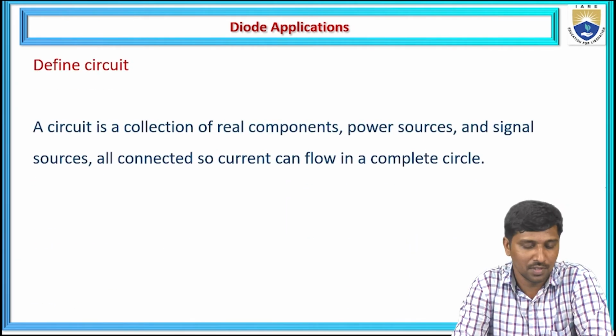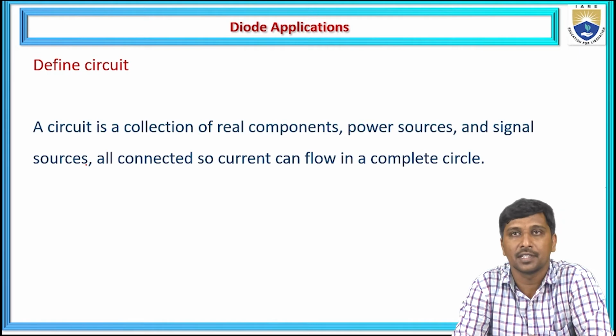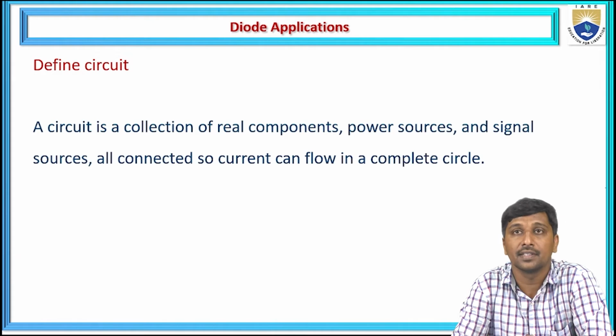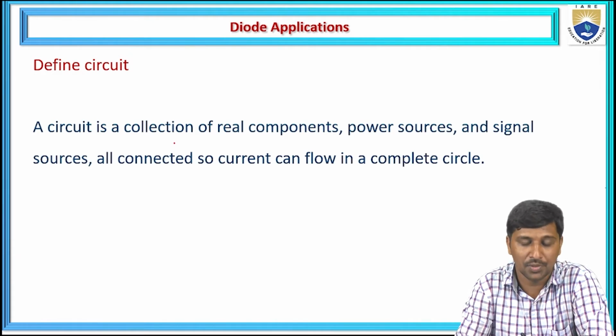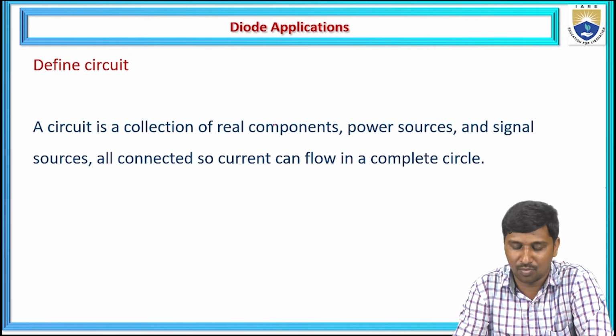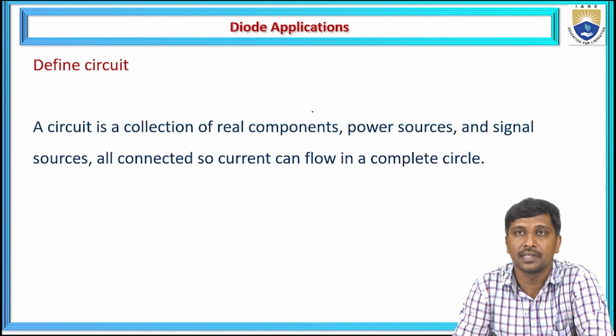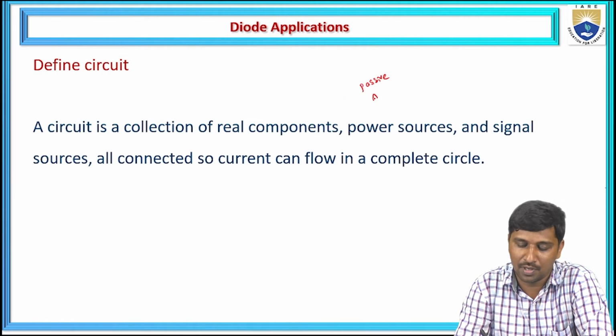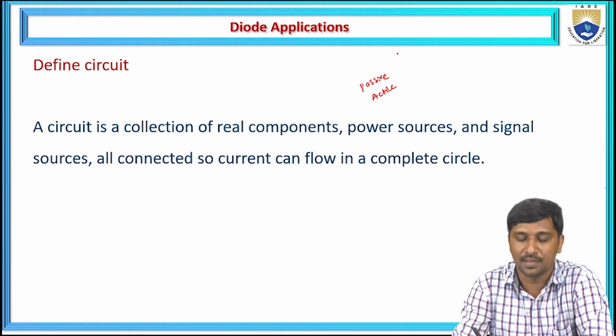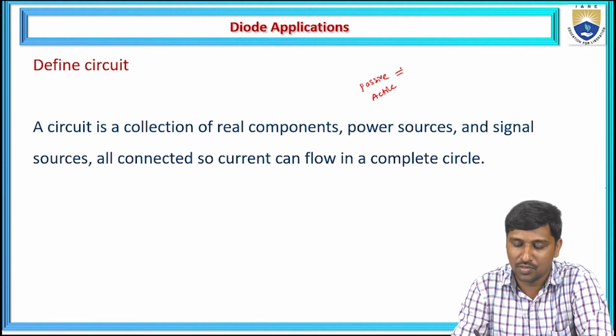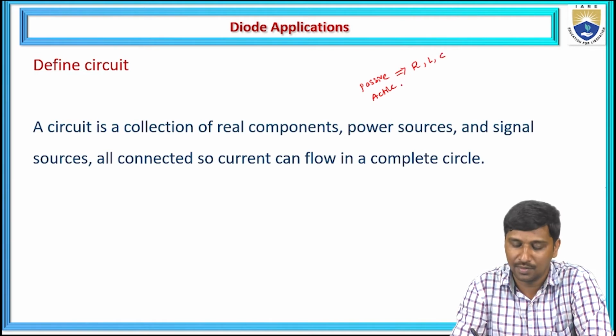Now, define circuit. What is the circuit actually? The circuit is designed with some components. A circuit is a collection of real components, meaning we need to use real components like passive components or active components. Among passive components we have resistor, inductor and capacitor.